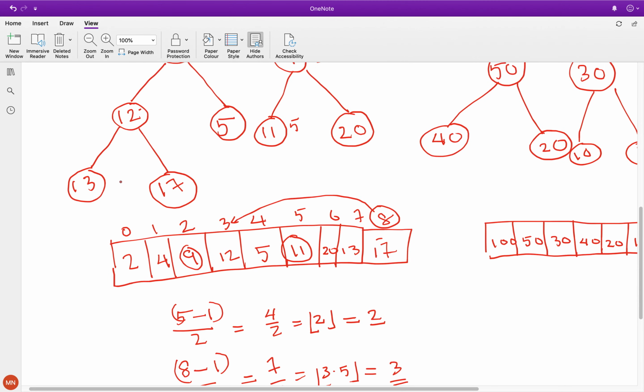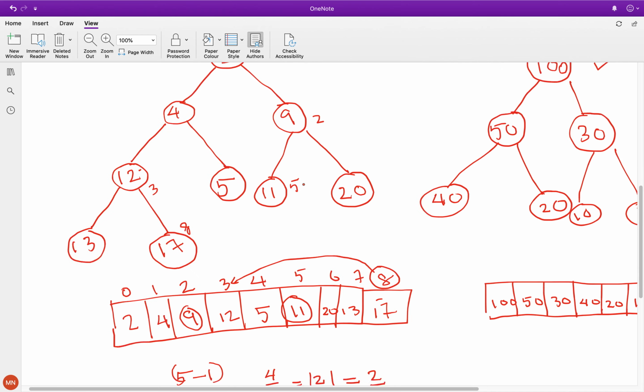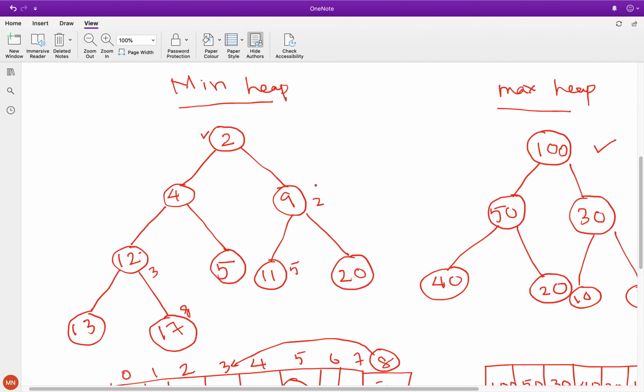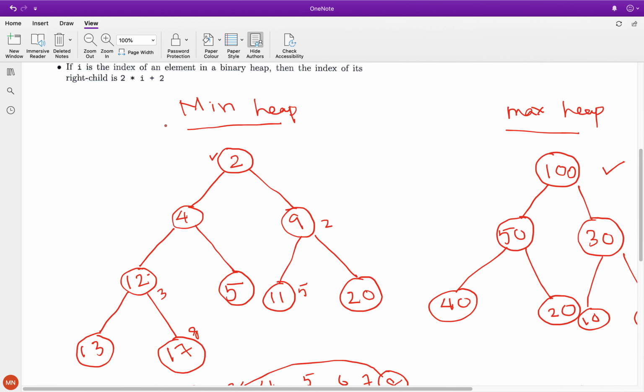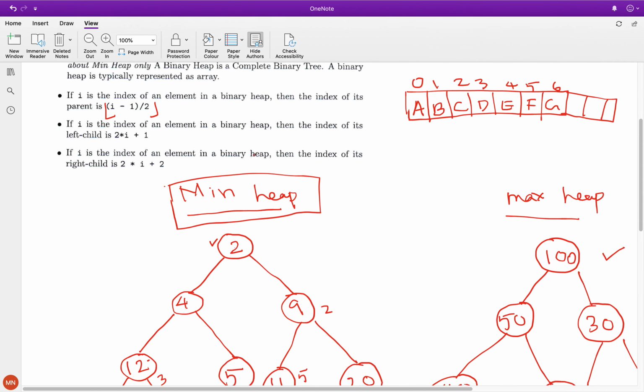You can see that the parent of 17 is 12, which is at index 3, and this number is at index 8. So this is the first property, and the same applies for a max heap also. We will be continuing our discussion only on min heap. The same kind of algorithm can be extended to max heaps as well.